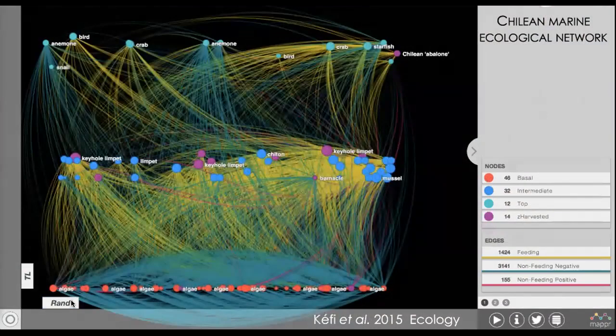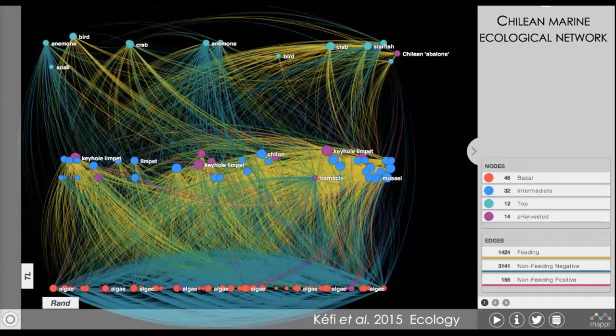The network includes about 1,500 feeding links, more than 3,000 negative non-trophic links, and a bit more than 150 positive non-trophic interactions.